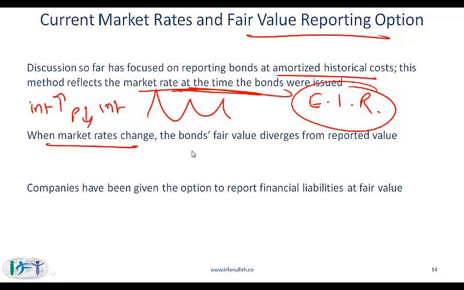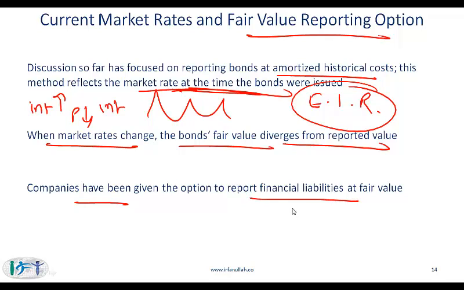When the market rates change, the bond's fair value diverges from reported value. So if the reported value is based on historical cost and then amortization, then obviously changes in interest rate will mean that the reported value is different from market value. Okay. So as I mentioned, companies have been given the option to report financial liabilities at fair value. So just recognize that that option exists.